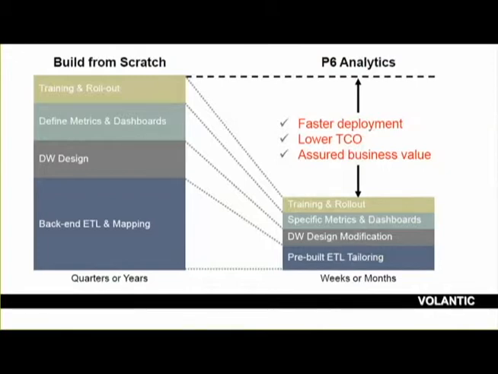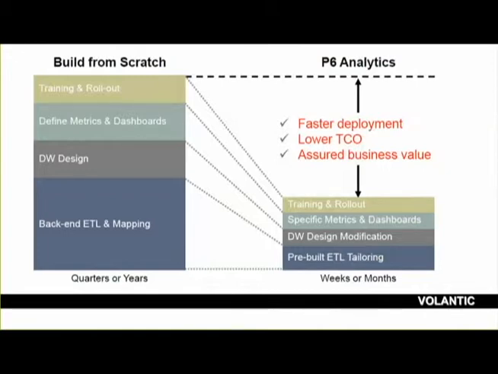It's a pre-built data warehouse design, and it's got specific metrics and dashboards, about 90 of them, pre-built within the application. This allows you to get in and compare your data to industry best practices, and it's a lot quicker than if you were trying to build an application from scratch off of Oracle's Business Intelligence platform.